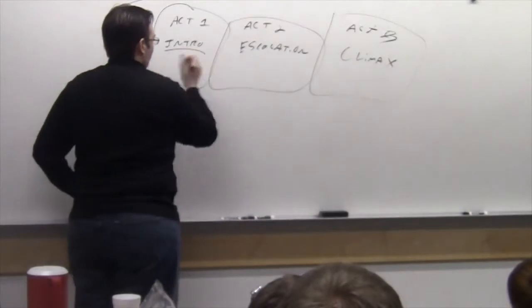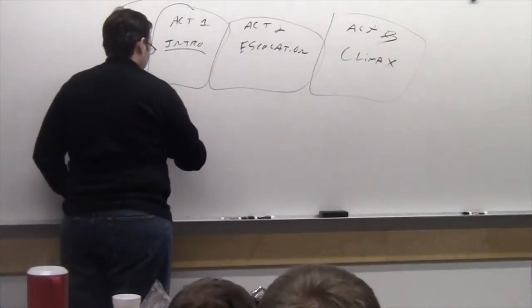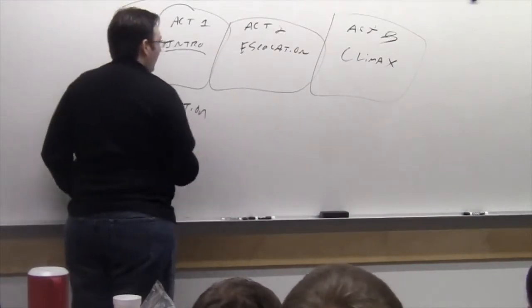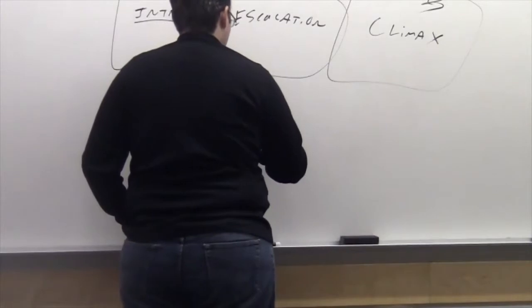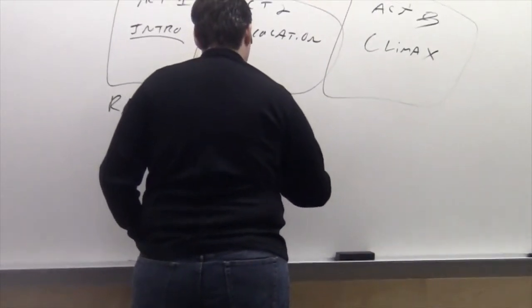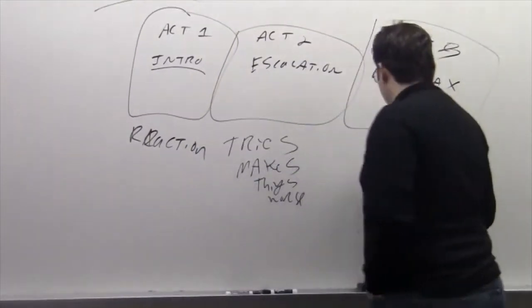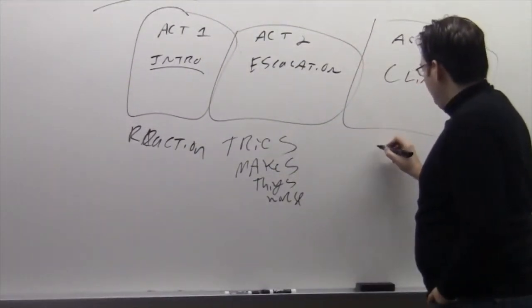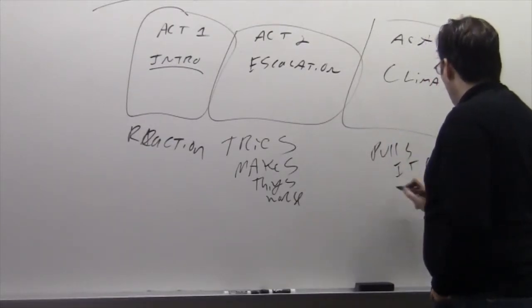Generally, your Act 1 is the reaction. Act 2 is the hero tries and makes things worse. And then Act 3 is pulls it out by the skin of the teeth. Or fails.